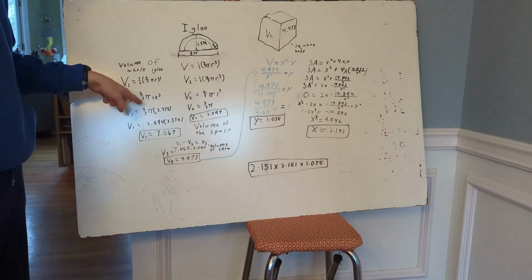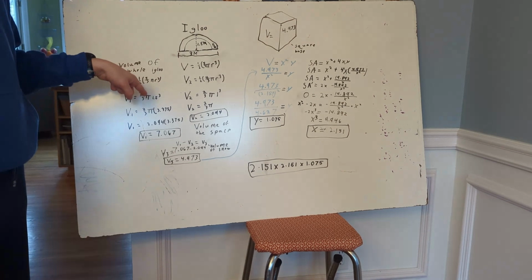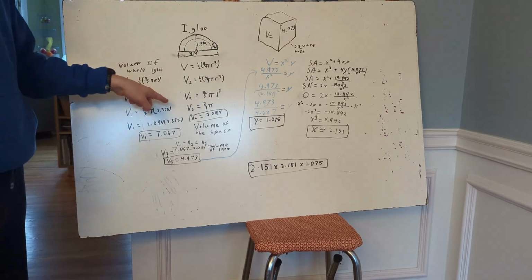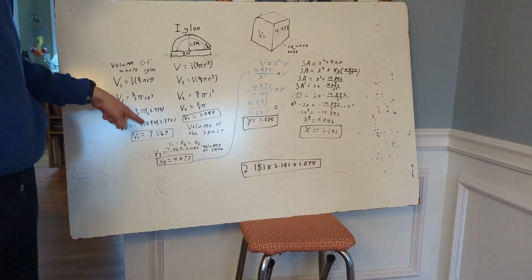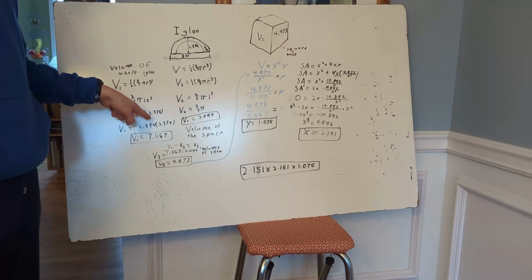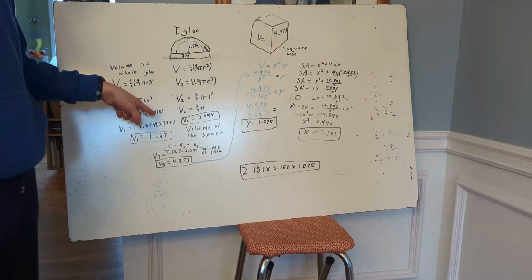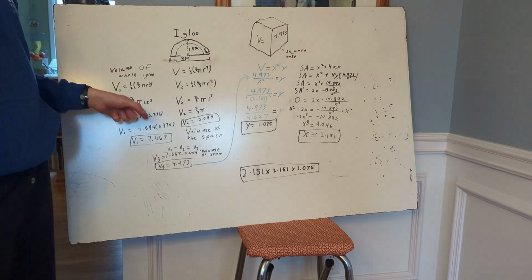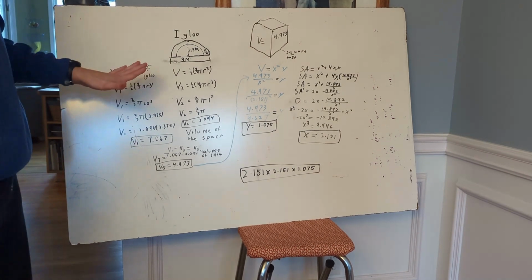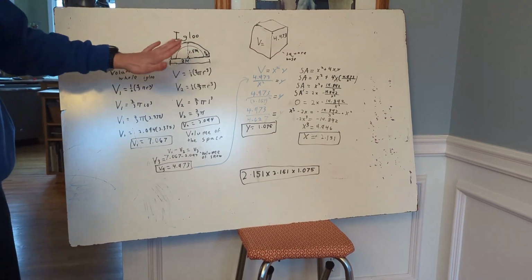So we end up with 2/3 pi times 3.375. And then 2/3 pi turns into 2.04094 times 3.375. When you multiply those two together, you get 7.067. That's the volume for the whole igloo, including snow and air.